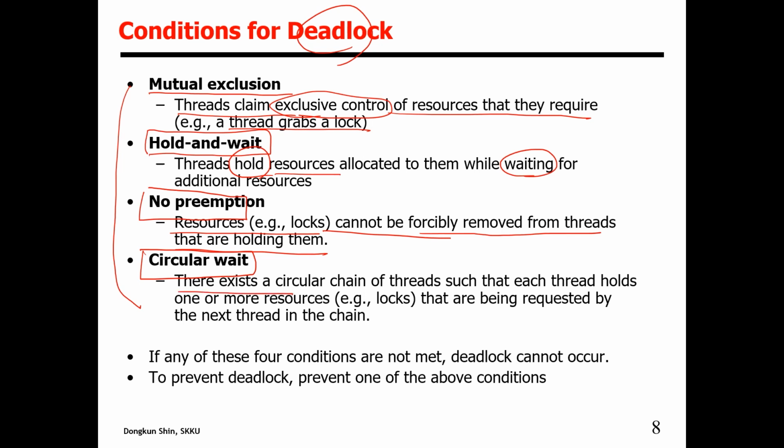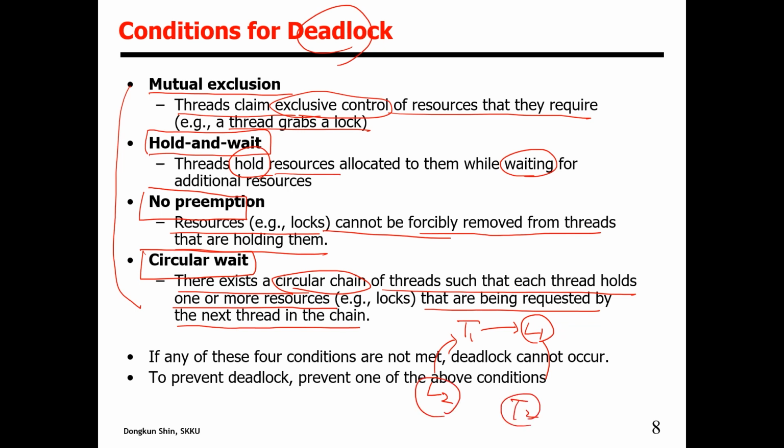There exists a circular chain of threads such that each thread holds one or more resources that are being requested by the next thread in the chain. So thread 1 has L1 and wants to use another resource L2, but thread 2 has this lock and wants to use L1. So there is a circular chain in the resource allocation.